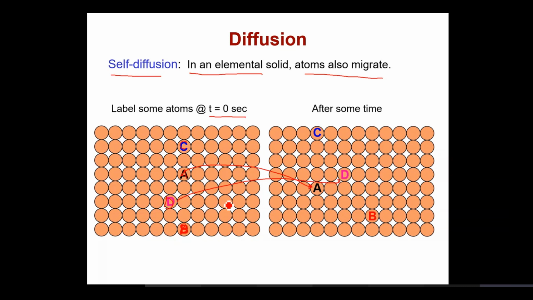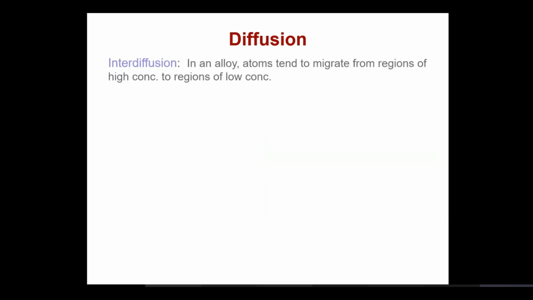Similarly, D has moved to a new position, B has moved to a new position, and C has acquired a new position. Although if I would not have labeled these atoms, there would not have been any difference. But just to make you understand that this is a process that is also taking place within the same element itself. But it becomes of more importance when you have interdiffusion phenomena.